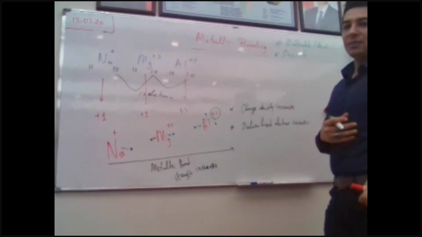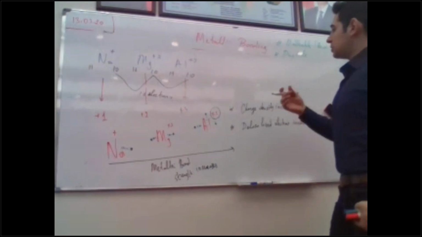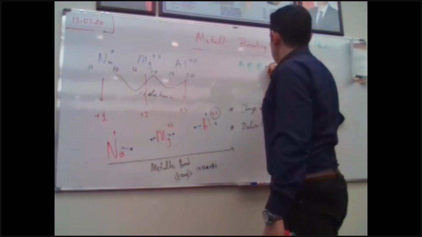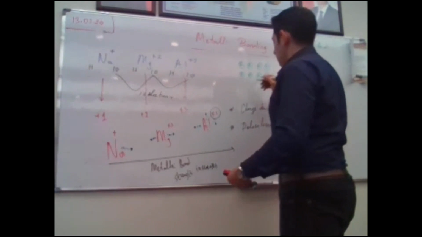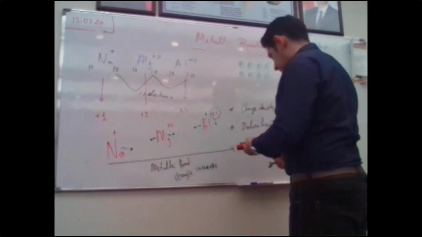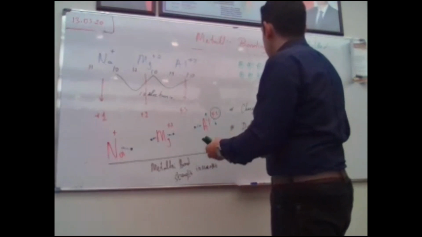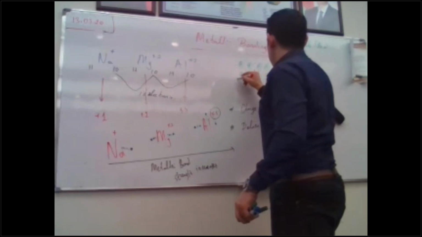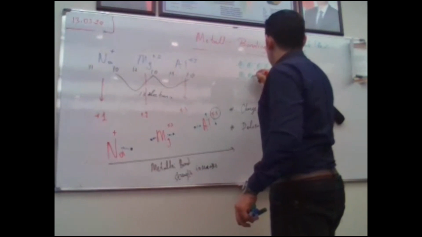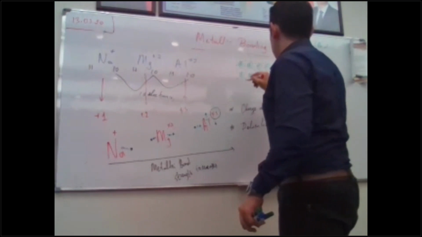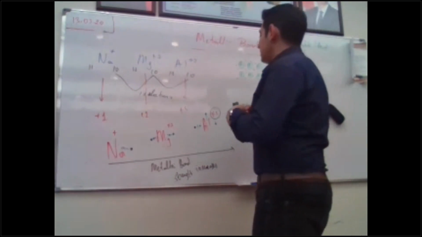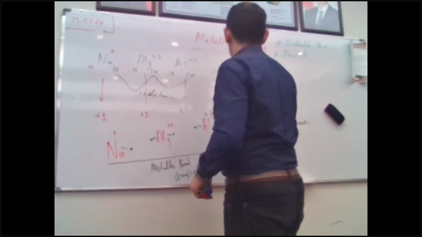But how do metals become malleable? Let's say that these are positive metal ions, and there are delocalized electrons between them. When you apply force to the metal, what happens?